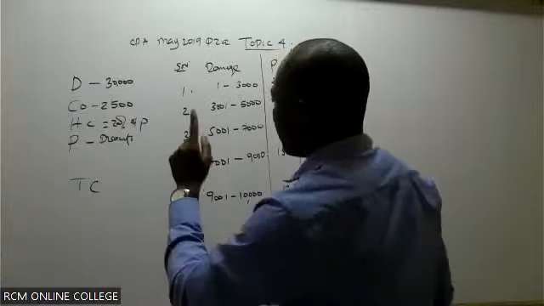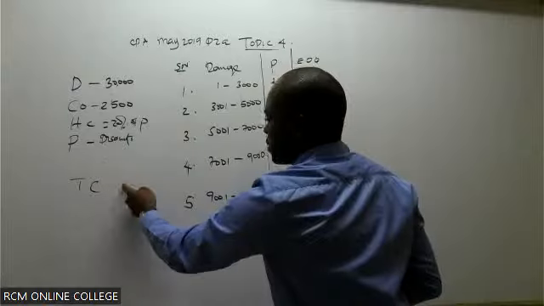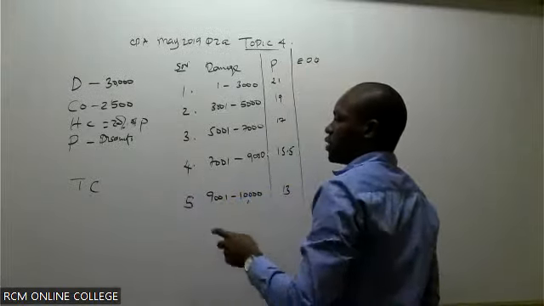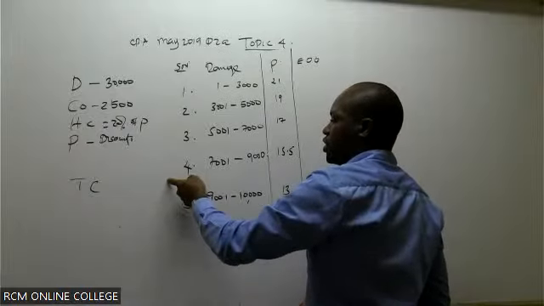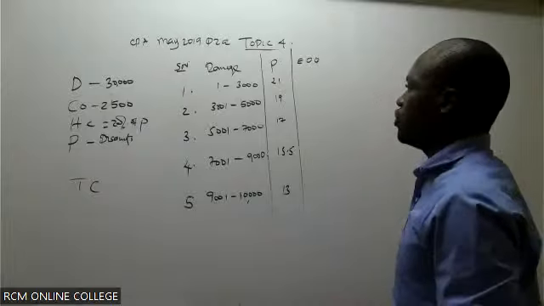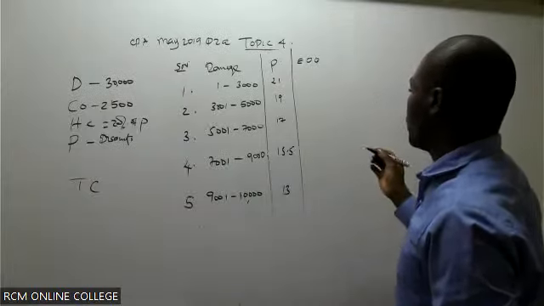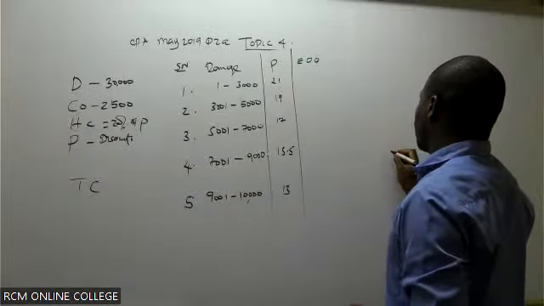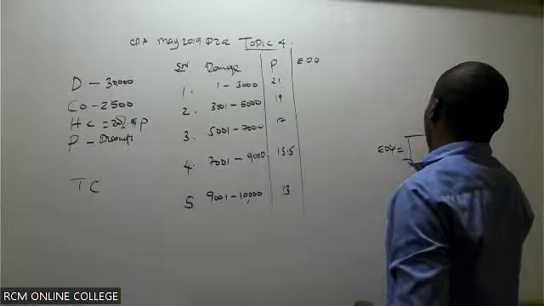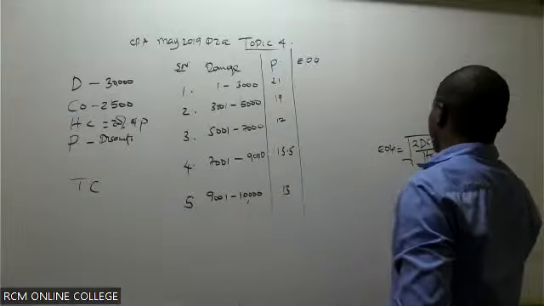Remember our total cost must include demand times purchase price, plus number of orders multiplied by ordering cost, plus quantity divided by 2 multiplied by holding cost. That's what we are going to do. I want to do a very simple thing here. We've not forgotten the formula: economic order quantity is equivalent to the root of 2DCO over XC.